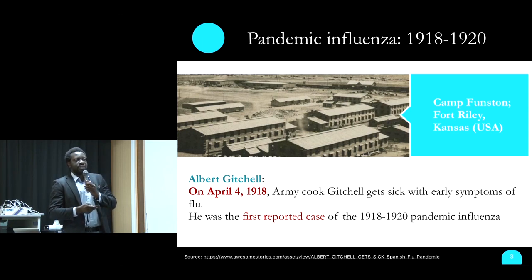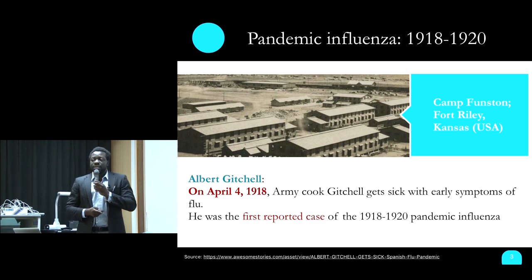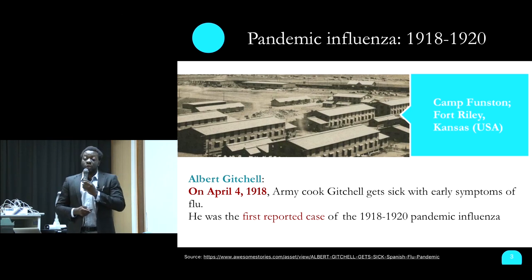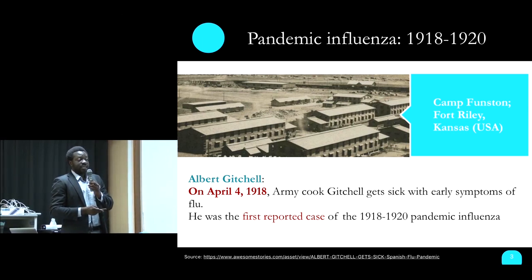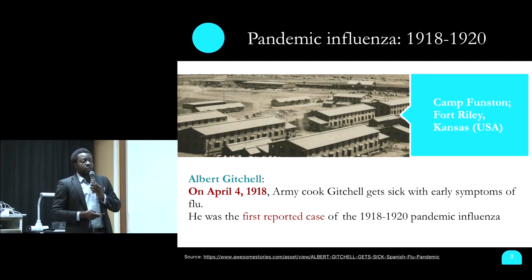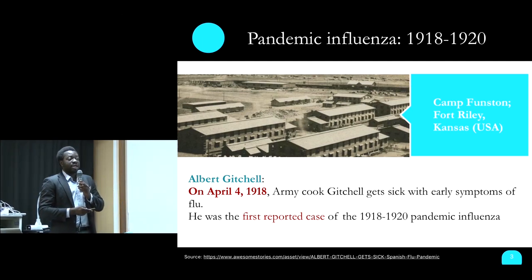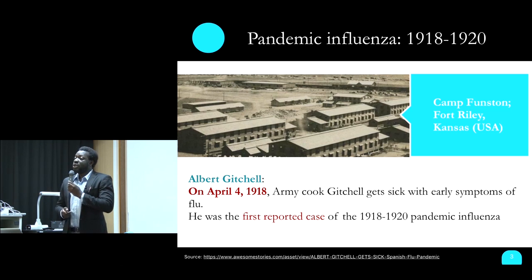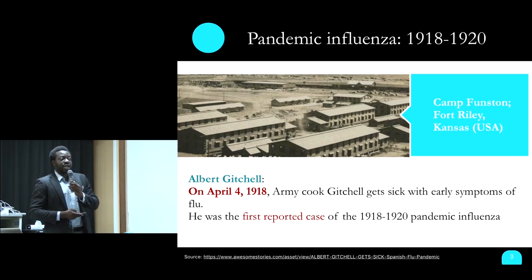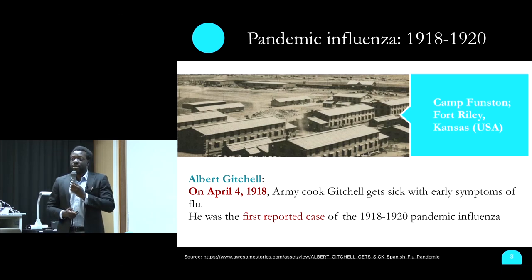They call it Camp Funston in Fort Riley, on the east coast of the U.S. What happened is that on April 4, 1918, a soldier by the name of Albert Kitchell, an army cook in the military camp, got sick with early symptoms of flu. Actually, it was the first reported case of the Spanish flu in that year.